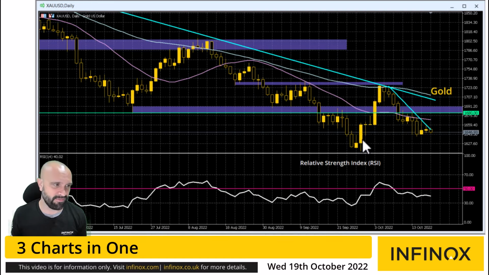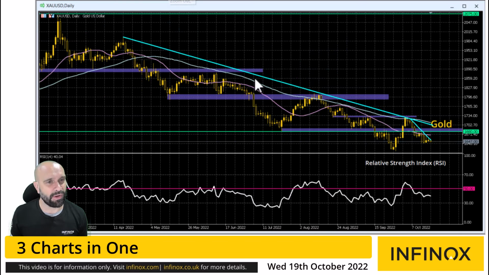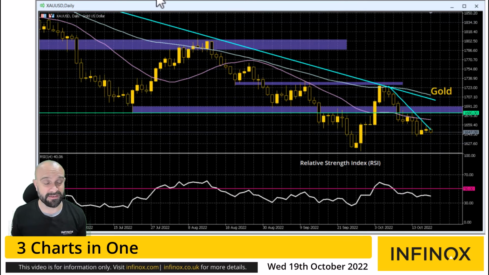You're looking at 1615, and essentially you are just continuing this run of lower highs and lower lows, and then subsequently coming back to test that reaction low in the consistent negative outlook of this gold chart, just playing out for the continuing dollar strength, which weighs on the gold price.